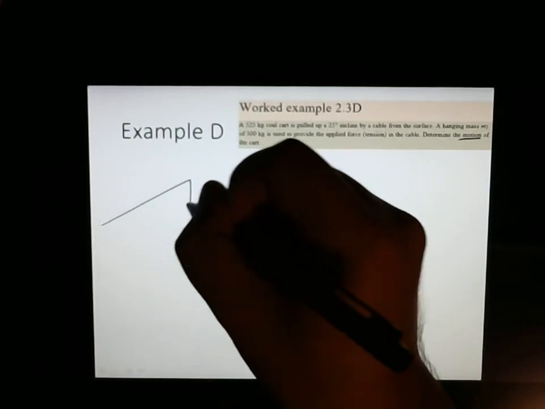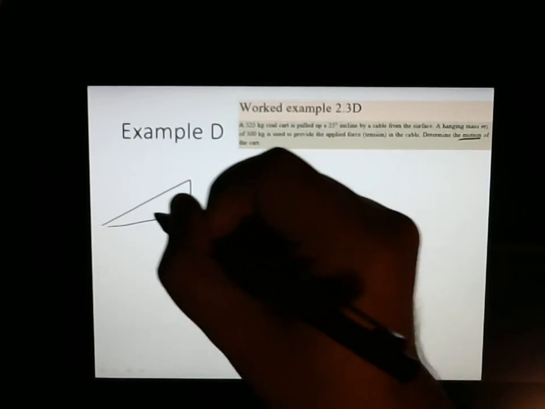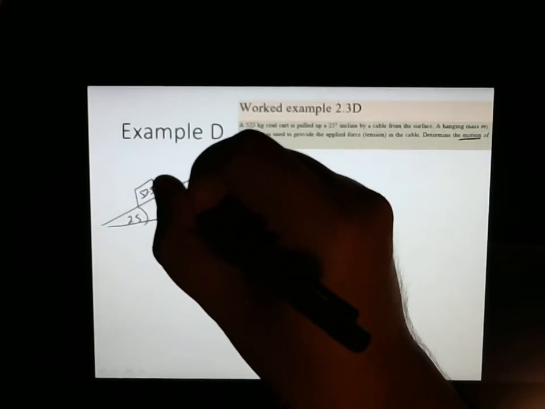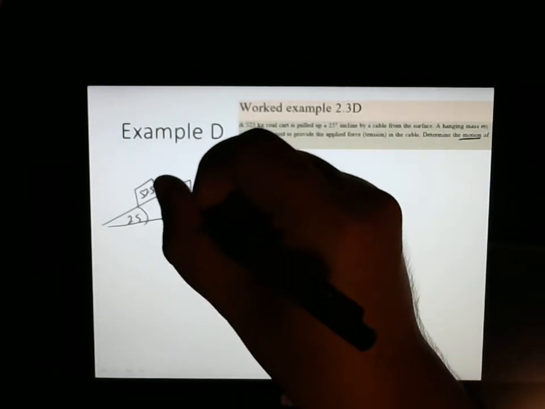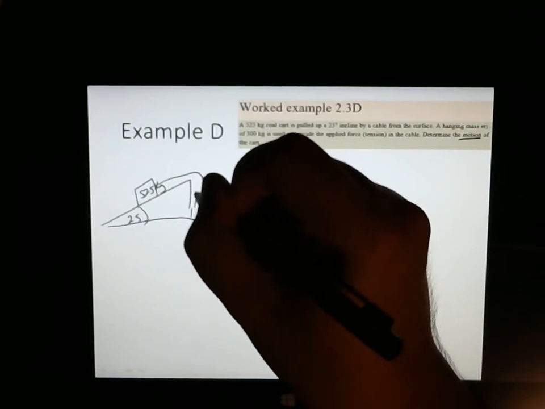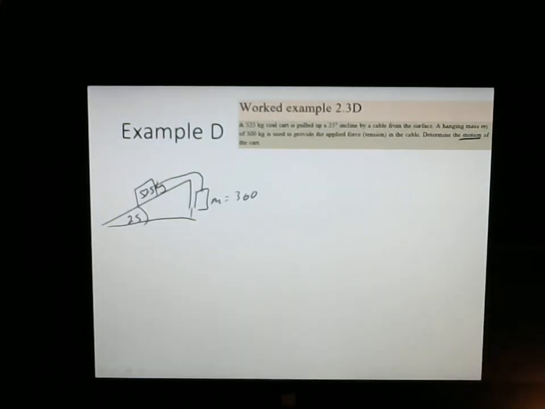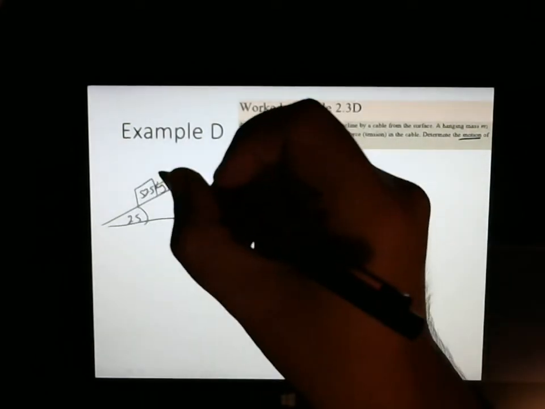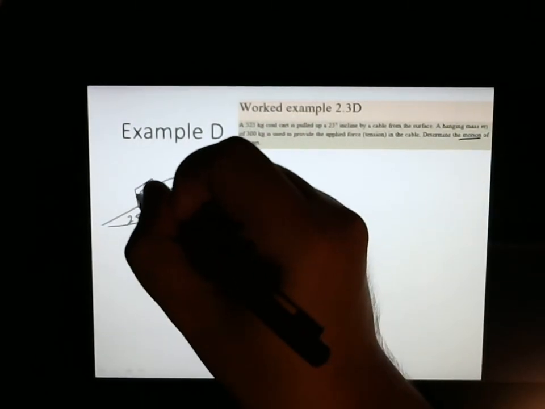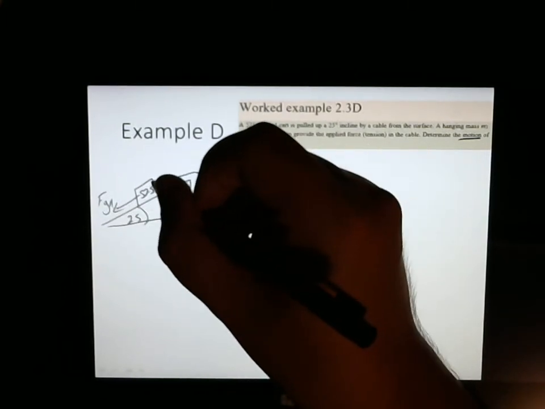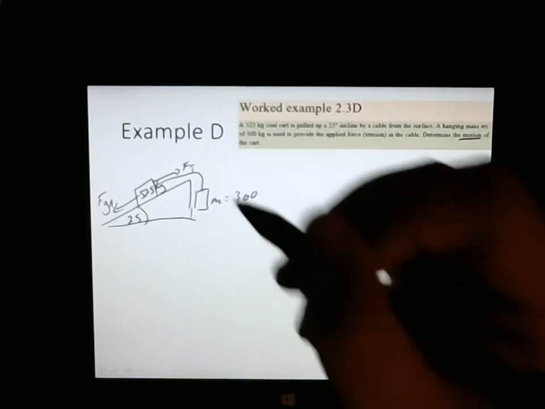We have an inclined plane, 25 degrees, mass of 525 kilograms, and there is a rope going to another mass equal to 300. If we just look at the cart here, we have the force of gravity pulling it down, and we have the tension force pulling it up.